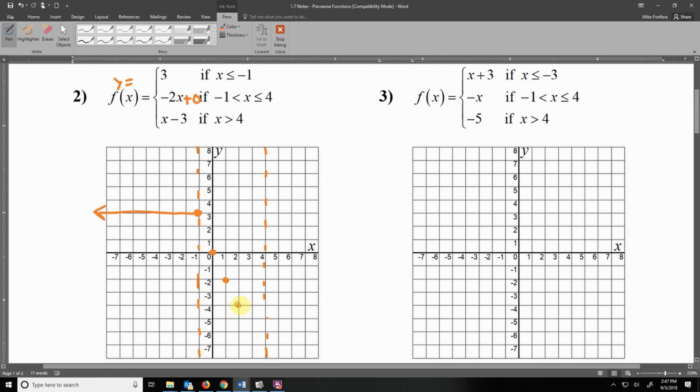And then down 2 and right 1 again, and down 2 and right 1, and down 2 and right 1, and that puts me on this boundary of 4, and it's less than or equal to, so I'm going to close a dot there. And then up and left keeps that negative slope, and I'm on my left boundary where it is less than but not equal to, so that will be open.